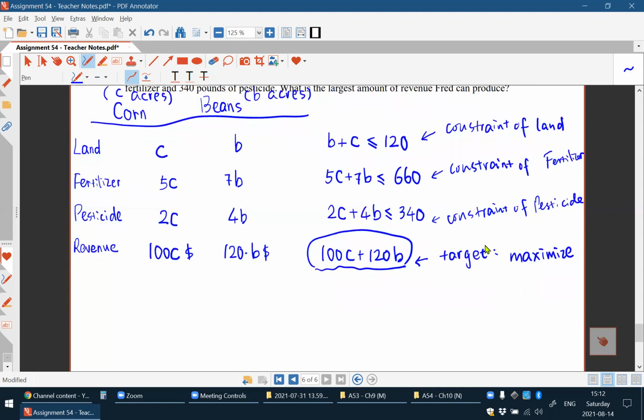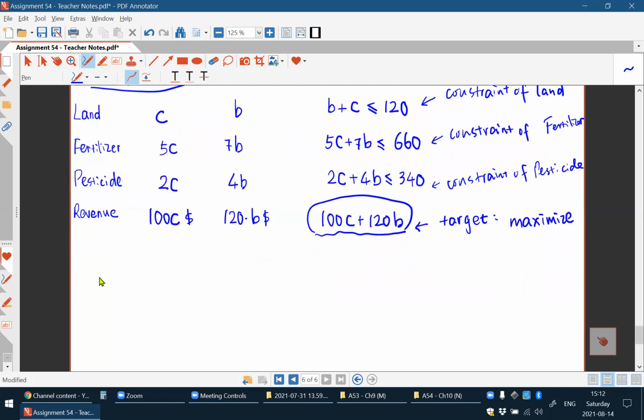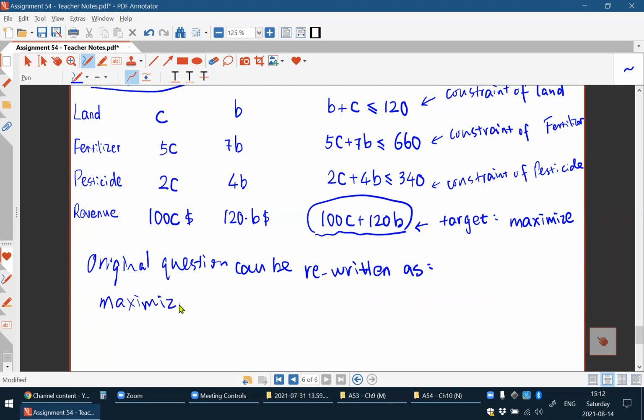So let's rewrite the question. The original question can be rewritten as: we need to maximize the target function 100C plus 120B.